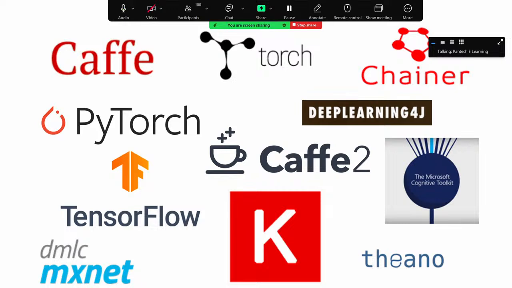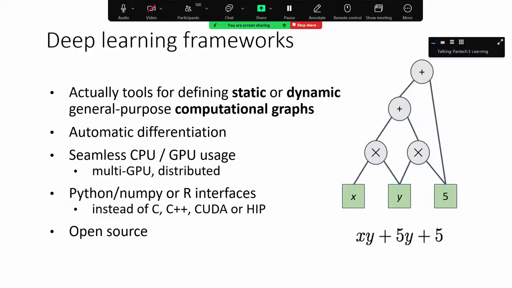What frameworks do is they are tools for defining static or dynamic general purpose computational graphs. Like a graph for xy plus 5y plus 5. This is an equation, and you can represent it like a graph: multiply two values and add them.